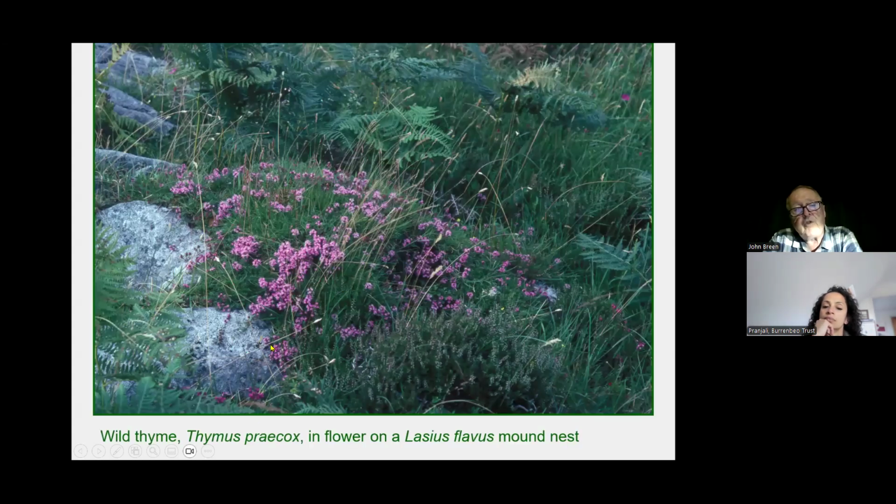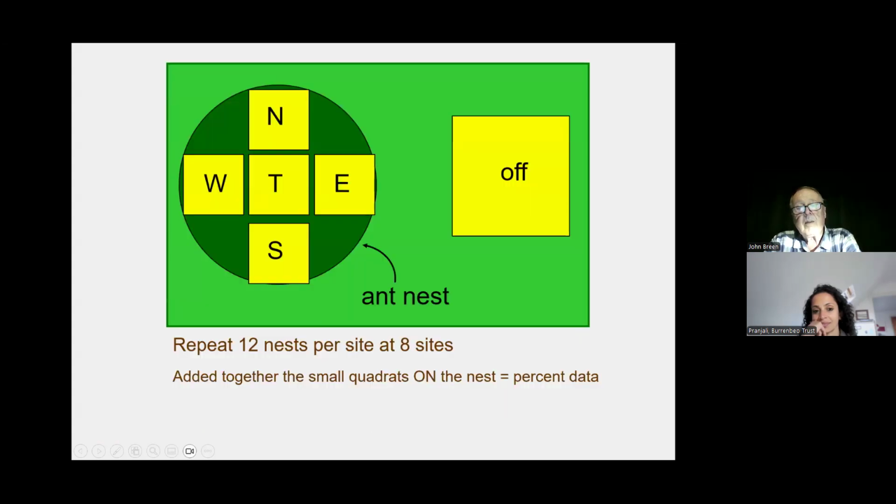And I sometimes show this sort of slide, and this is an ant's nest. You can see that there are things like heather and ling growing around it, but growing on the nest itself is wild thyme. So I describe this, a nest of the yellow meadow ant, as an ant's nest in flower. And again, this was done at the Borragone site, where I showed you earlier on near Askeaton.